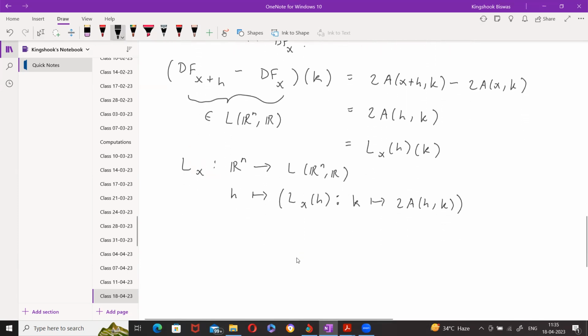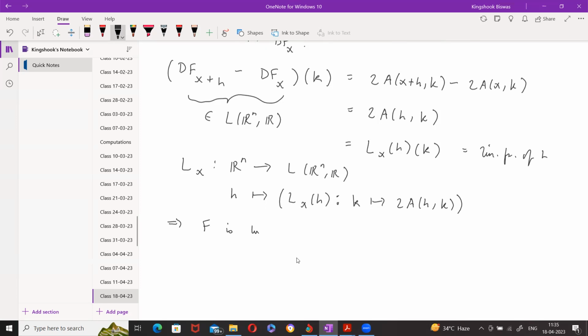So this is a linear function of h. So this implies that f is twice differentiable.